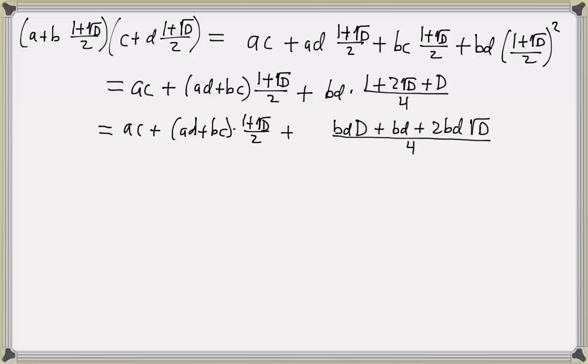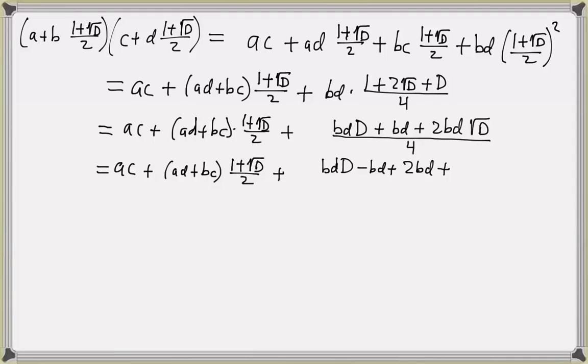Now the trick I'm going to do is rewrite BD in the numerator as 2BD minus 1BD. So now I have BD capital D minus BD plus 2BD. So now in the numerator of this third term, I have two terms with 2BD in it.